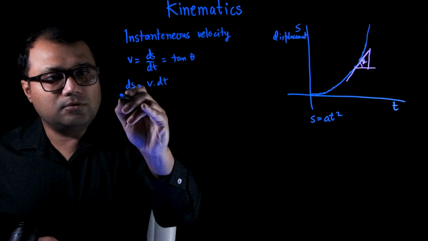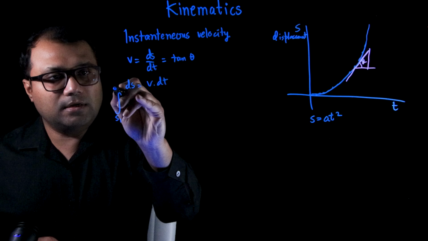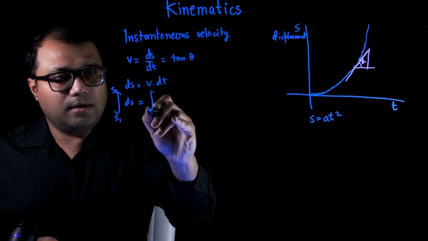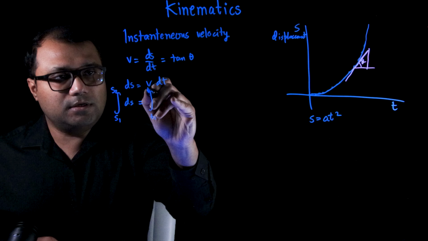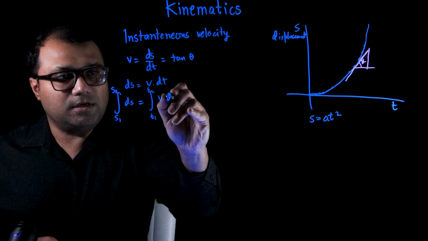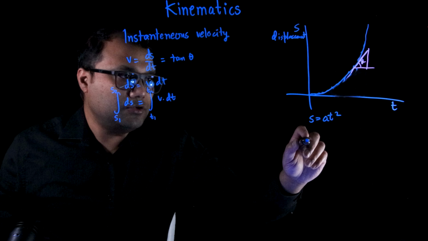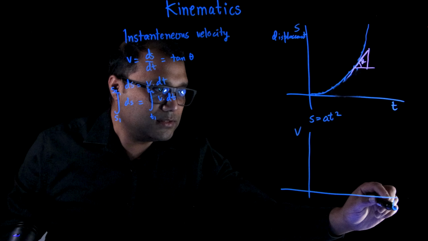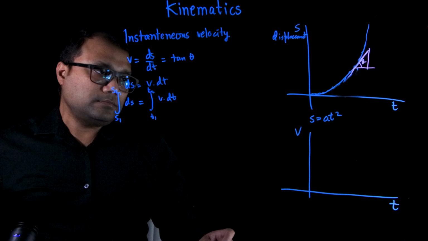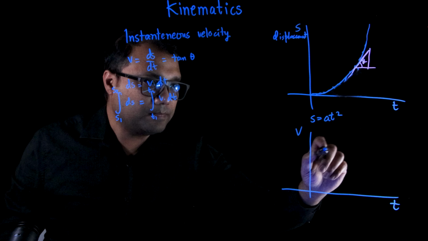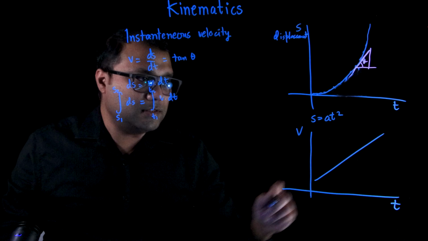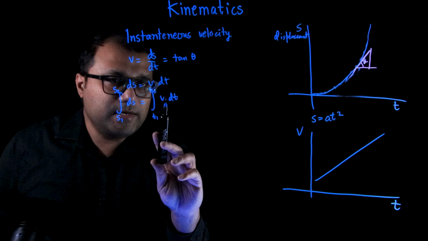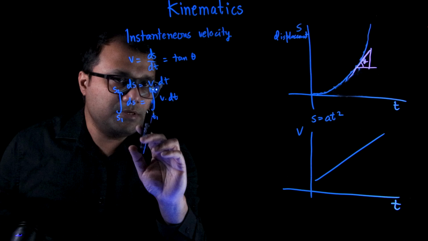Now let us do a definite integral from s1 to s2 for ds and over t1 to t2 of v dt. Let's draw a velocity time graph. Velocity in the y-axis, time. Okay. Now what is the definite integral of v dt from t1 to t2?